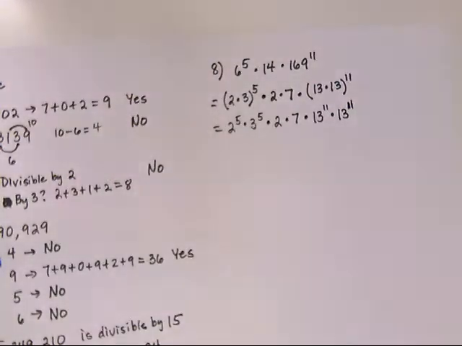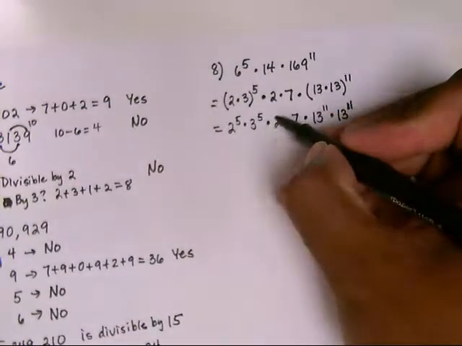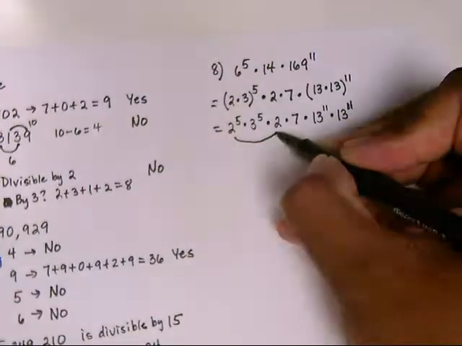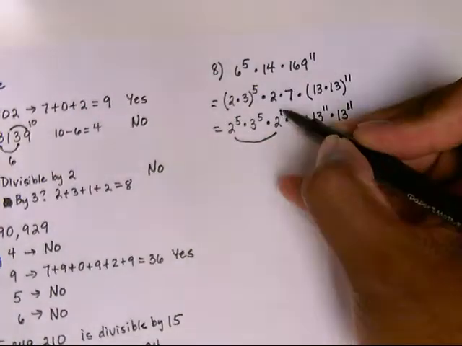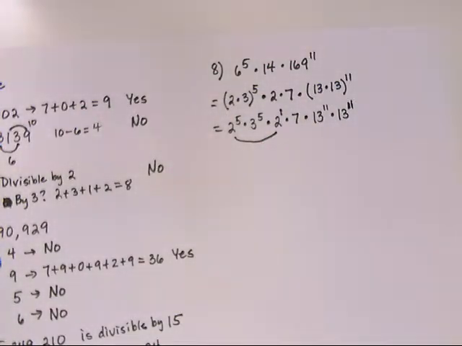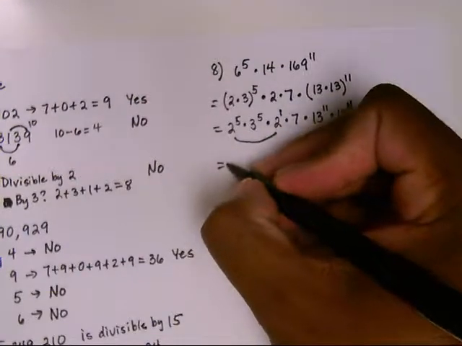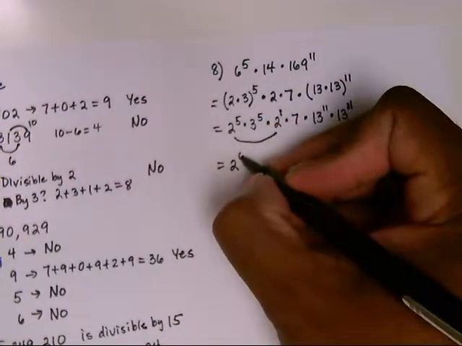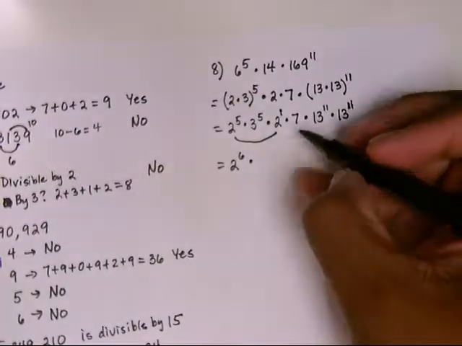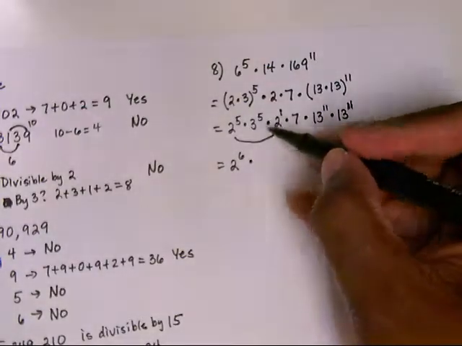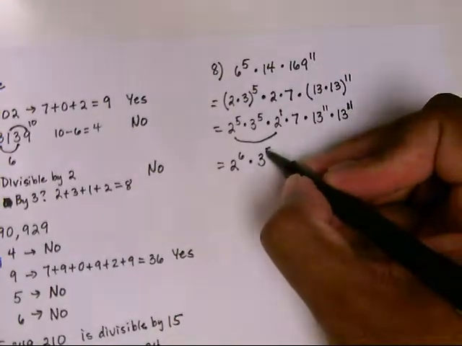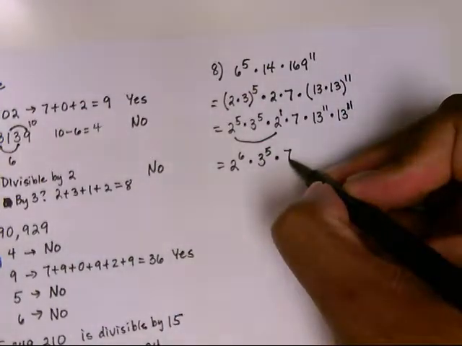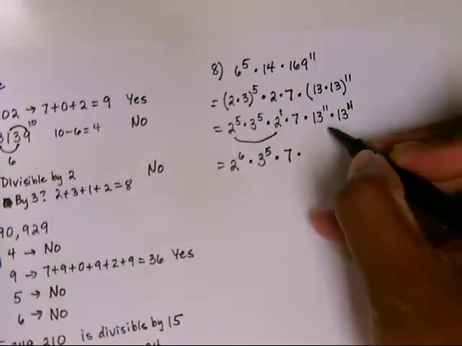Alright, so now, when we multiply powers of the same base, we always add the exponents here. So for 2 to the 5th times 2, and that's 2 to the 1st power. Here we write the 2 down and add the exponents for the 2. So 5 plus 1, that's going to give us 6. Times, let's see, I have nothing with 3 to the 5th, so I bring that down. Times 7, bring that down.